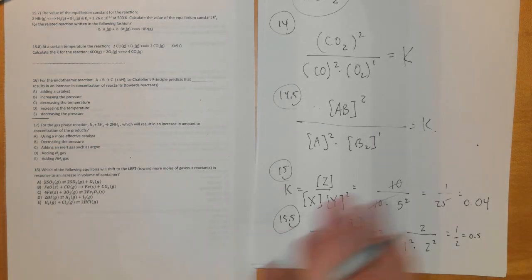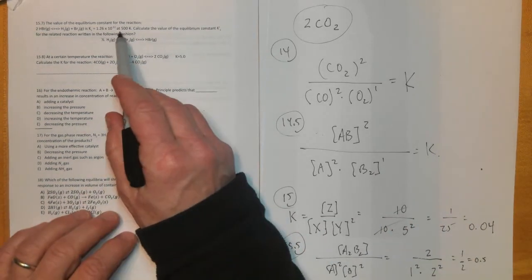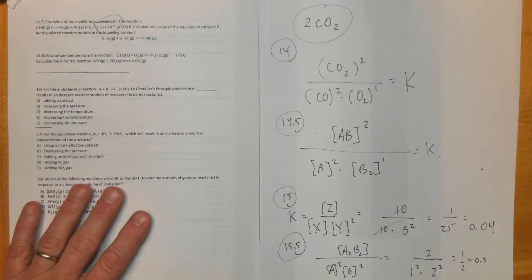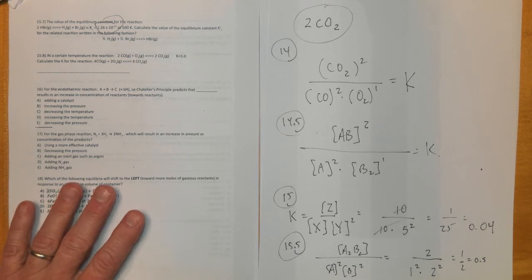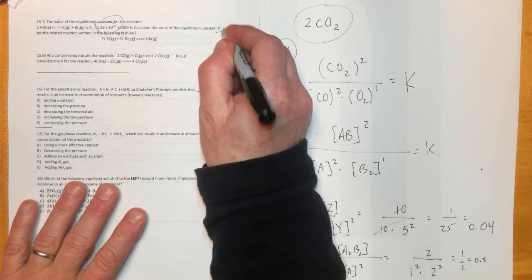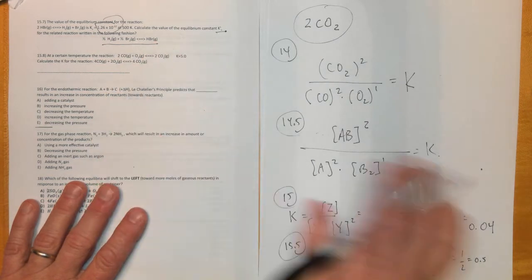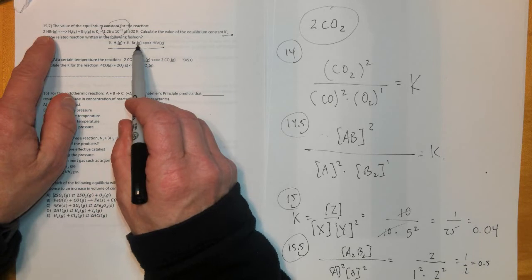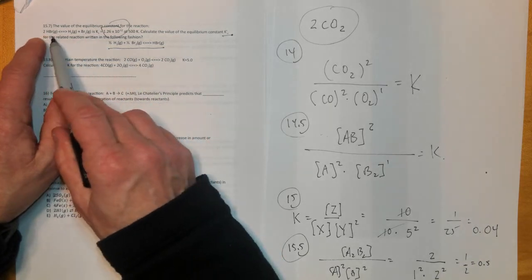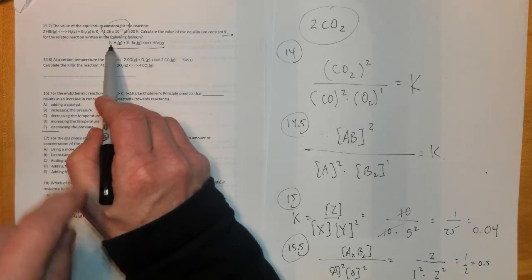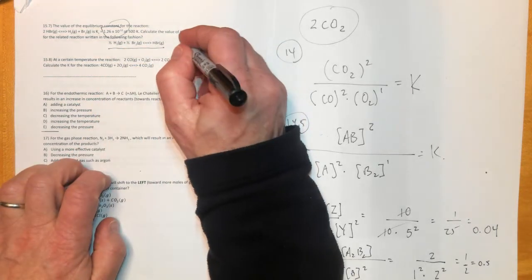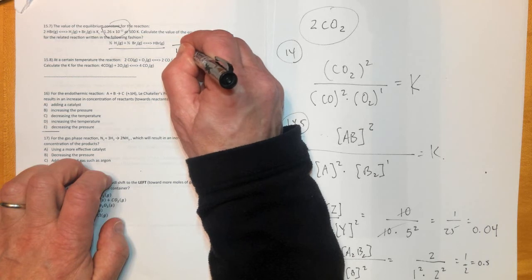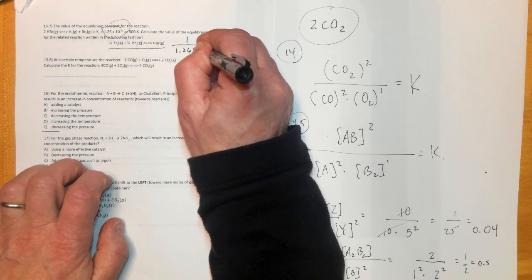The next problem, 15.7, says the value of the equilibrium constant for the reaction is, and then it gives us a number, 1.26 times 10 to the negative 12. And it says calculate the value of K prime for this reaction. And if you notice, this reaction is the reverse of the reaction above, and then it's also multiplied by 1/2. So you need to take the inverse of it, so 1 over 1.26 e to the negative 12th.